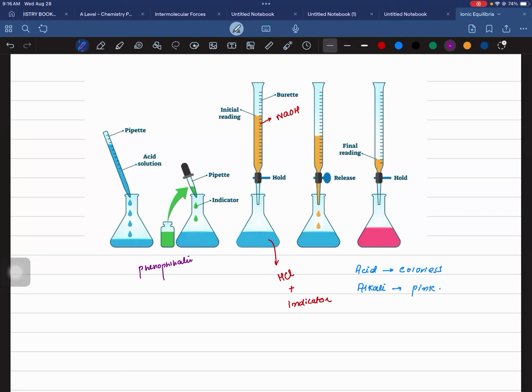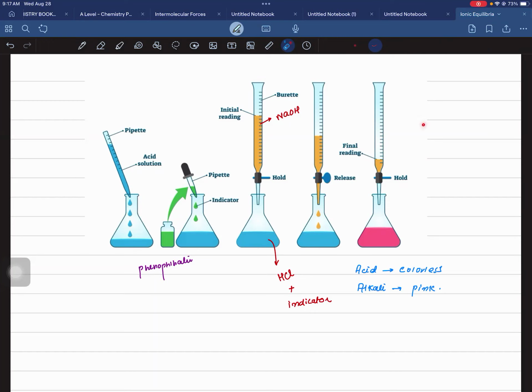Okay, and then we have discussed that let's suppose I have taken 10 cm cube of acid into this conical flask with a few drops of indicator, and then I'm going to add sodium hydroxide from the burette. Obviously, when you add sodium hydroxide from the burette to the conical flask, they are going to have a neutralization reaction.